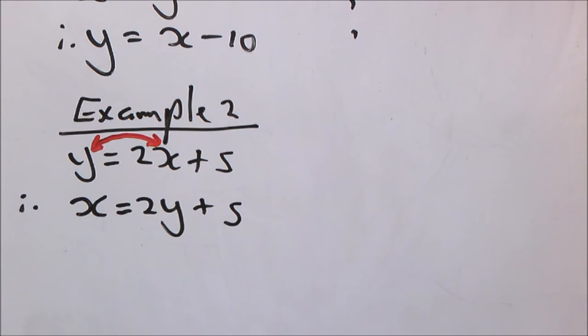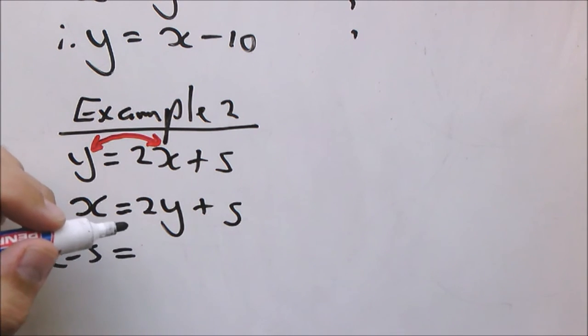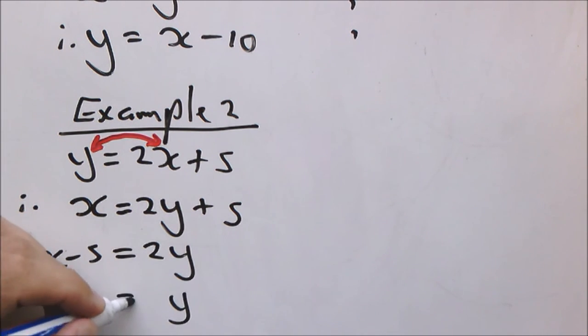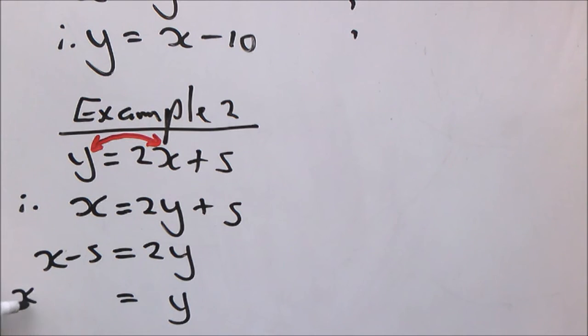You take the 5 across, x minus 5 equals 2y, and then you divide by 2. And this is the expression for the inverse of this function.